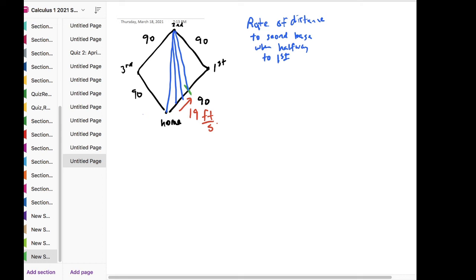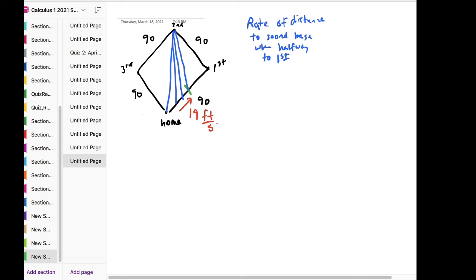Now, where is the right angle? When you draw these right triangles, where's the right angle? It's important where you draw the triangle, because then you'll see why it's right. Yeah, at first base.